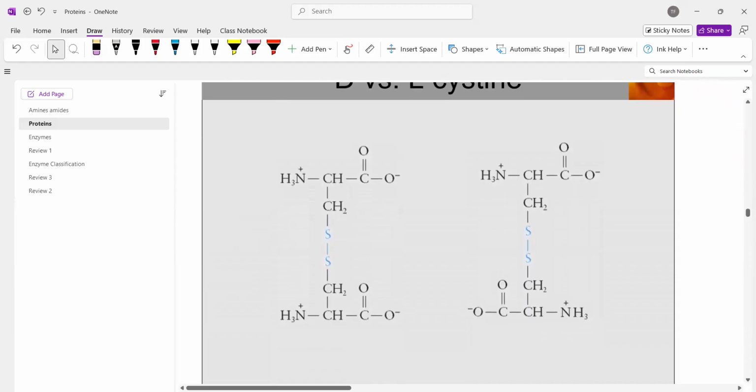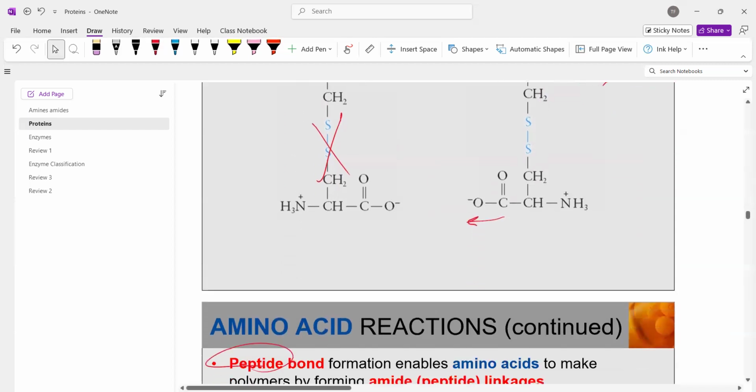Okay, normally when this happens, notice the direction of the acid side. They usually show this in textbooks like this, but it's really like this on the right here, where when the cysteines hook up, they're usually going opposite directions on the amino acid chain.